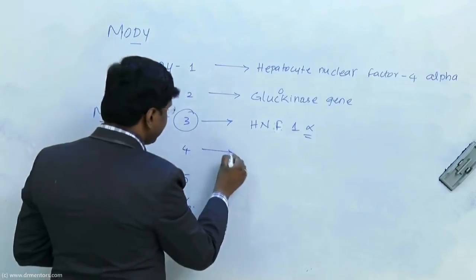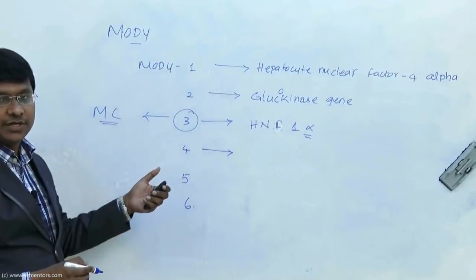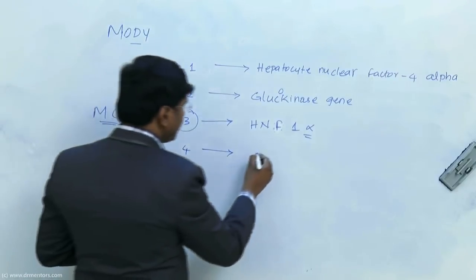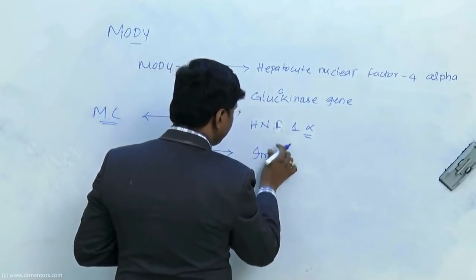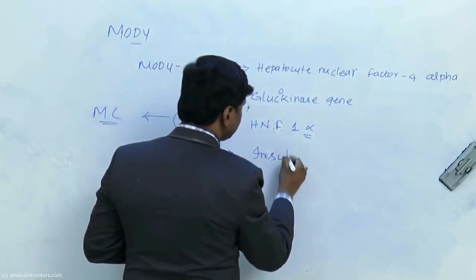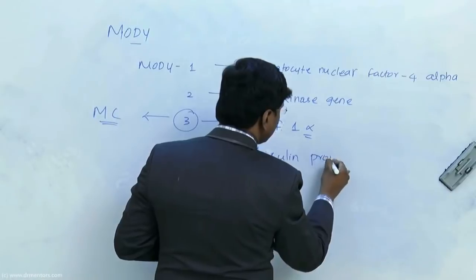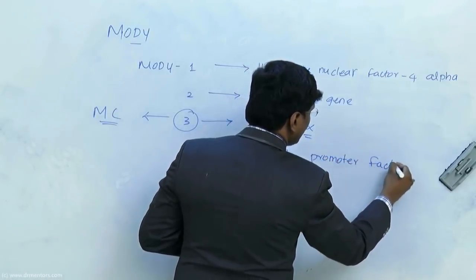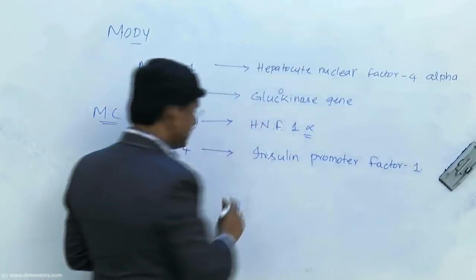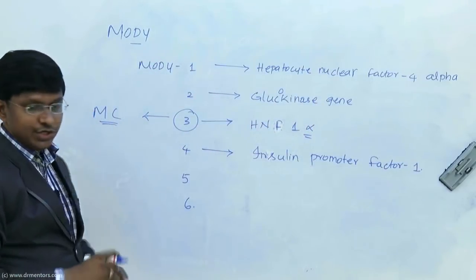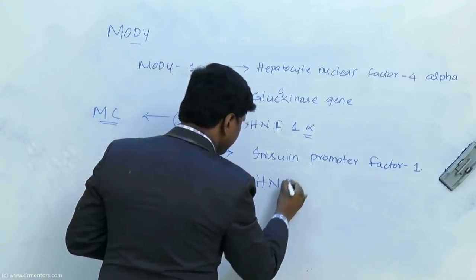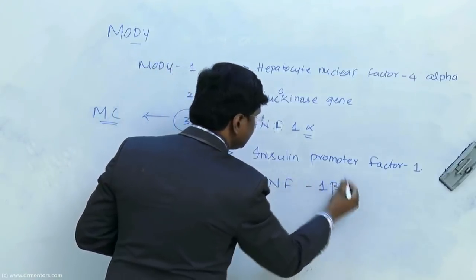And you take MODY 4, the gene which is being mutated is insulin promoter factor 1. So that is what you see in case of MODY 4. You take MODY 5, it is HNF1 beta.